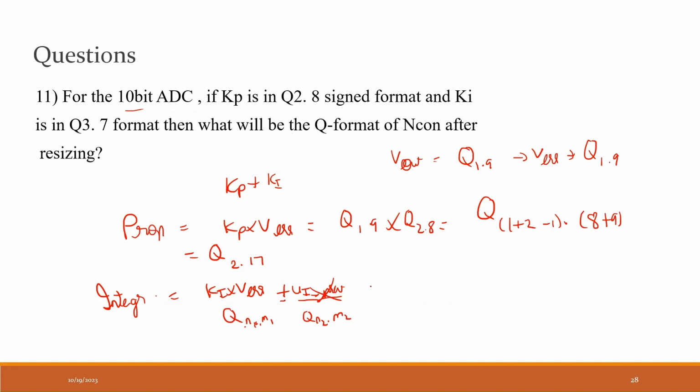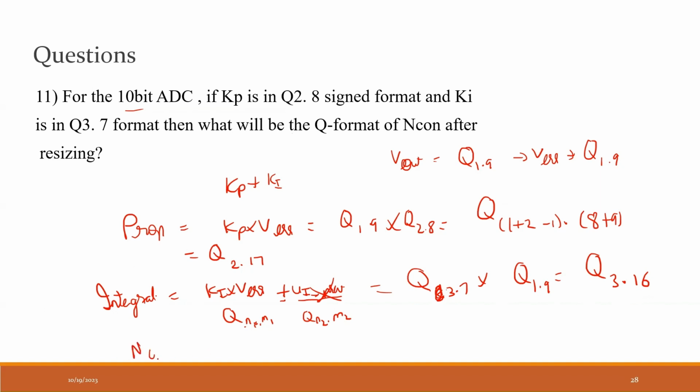So Ki into V error is Q3.7 into Q1.9, which corresponds to Q3.16. So the part corresponding to my integral is Q3.16, and the part corresponding to my proportional is Q2.17.